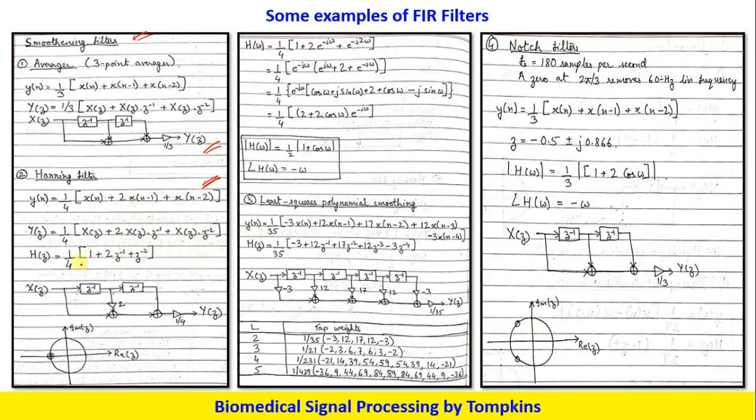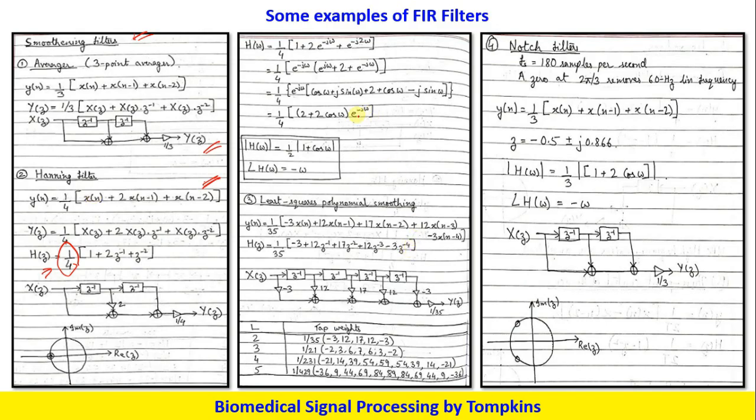Again, as I told, the summation of the coefficients is divided in the filter response, 1 by 4. So the distribution is Gaussian, 1, 2, 1, with division. So it is a smoothing filter. This Hanning filter is a smoothing filter, and it applies a Gaussian distribution, right?